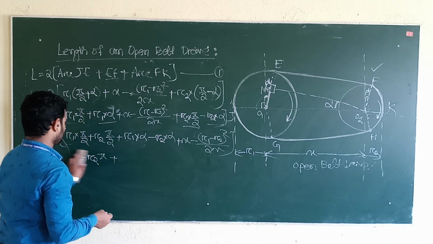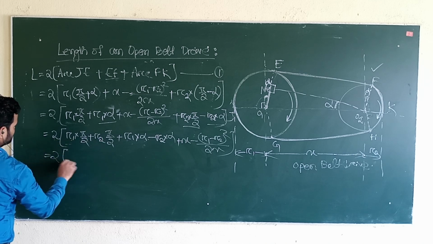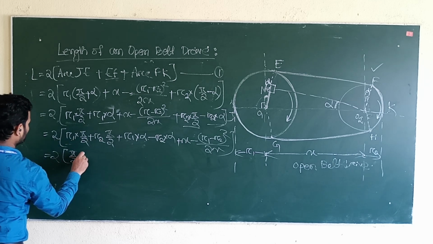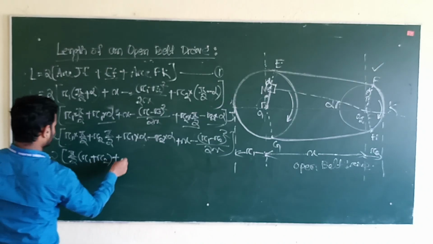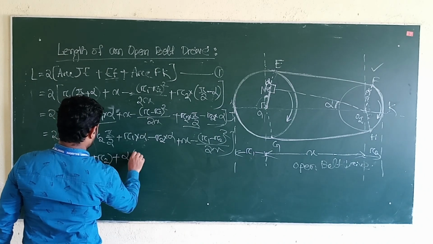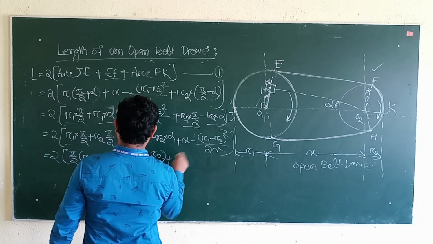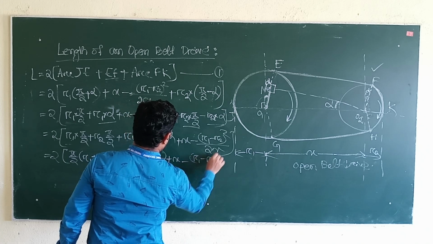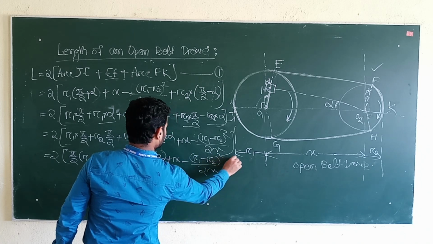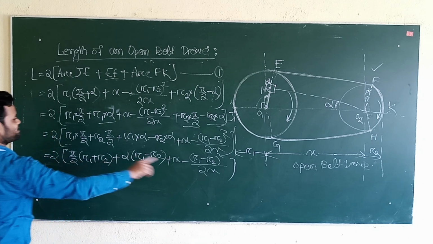First we will take common pi by 2. So what is pi by 2 into (R1 plus R2) plus, if you take common alpha, then it becomes (R1 minus R2). Next, this is same, x minus (R1 minus R2) square by 2x. Now in the next step, we will multiply these two with each term.